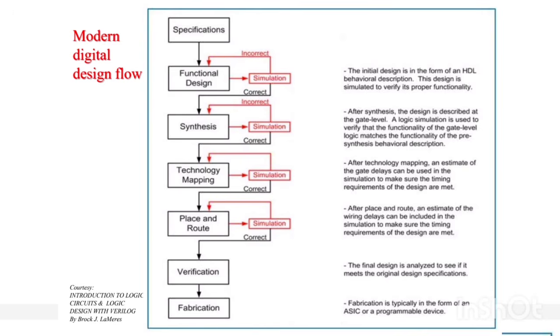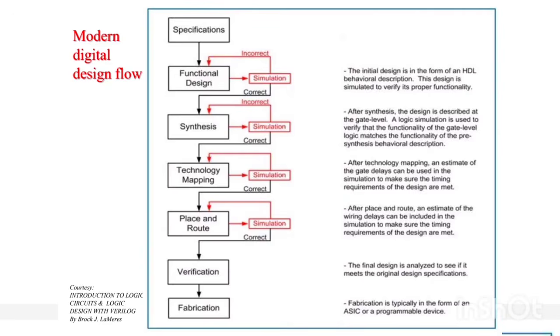After the specifications are finalized comes the functional design, and here, compared to the classical flow, we have a verification also. Here simulation is performed to verify the proper functionality, and if a fault is found, then functional design is done once again and simulation is repeated till it gets corrected.